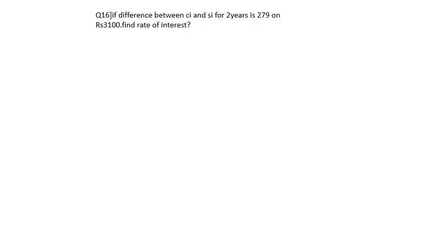Now moving to question number 16, guys. If the difference between SI and CI for 2 years is 279 on 3100, find the rate of interest. Here you can apply the direct formula, but let me not do it by direct formula. On 3100, let's say the rate percent is R percent.